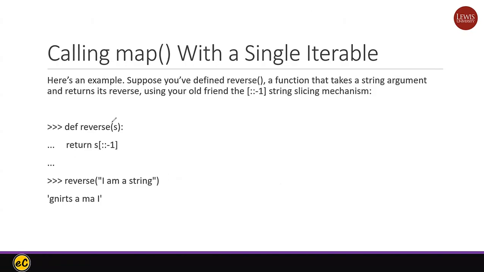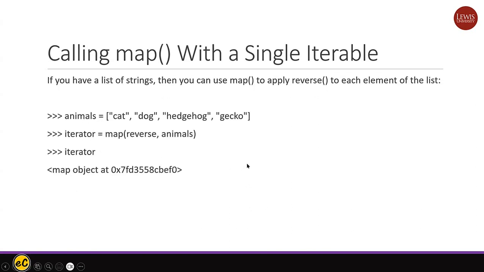So here we have a reverse, and this we define to reverse. Okay. So here we have an array. You map reverse to animal, so every single one will be reversed. Okay, when you return, every single one will be returned.